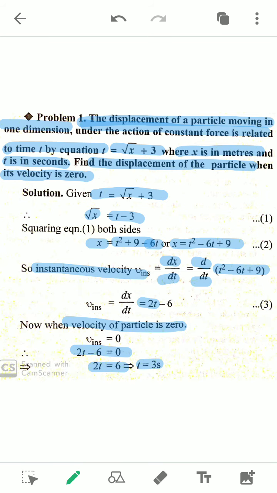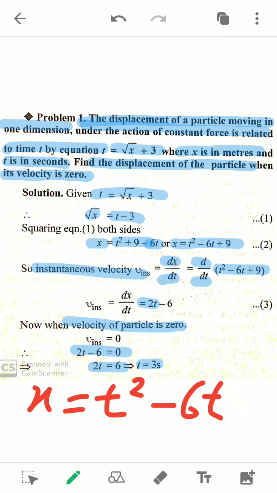But according to the question, find the displacement. So we know very well the displacement equation, that is x equals t square minus 6t plus 9. At what time is the velocity 0? That is 3 seconds. Substitute the value of 3.